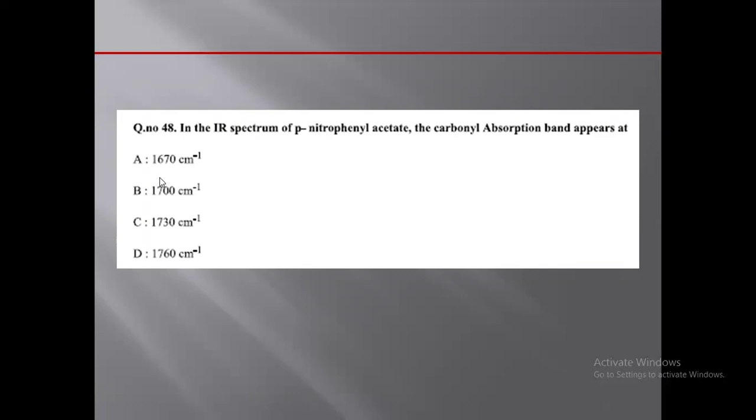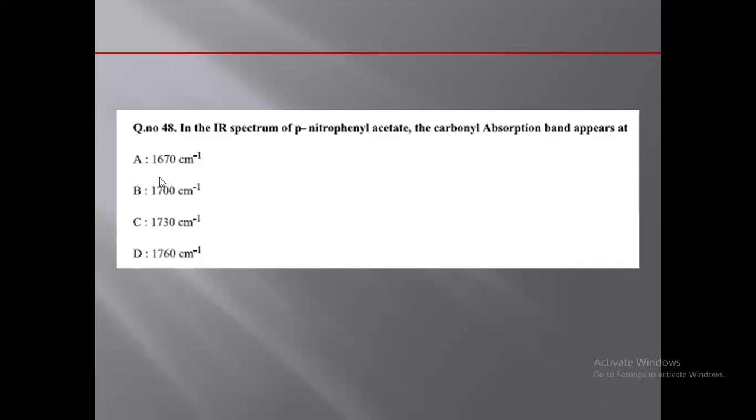In para-nitrophenyl acetate, the para-nitro is an electron withdrawing group, so it can withdraw electrons from the carbonyl carbon. So the carbonyl carbon gets very little electron density. If the electron density is less, the carbonyl frequency increases. So option number D is the correct one.